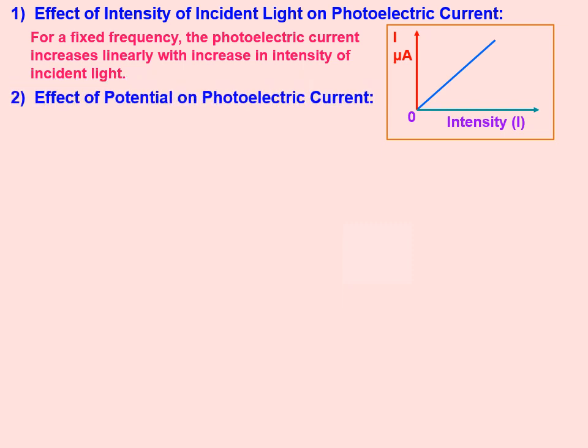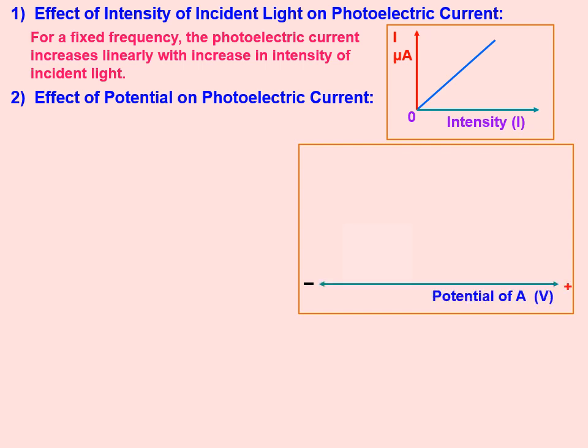Now the effect of potential on photoelectric current. For this we have to make a plot between the potential of plate A on the x-axis and photoelectric current on the y-axis. So we will get this kind of shape when we plot the graph between the potential of A and photoelectric current.